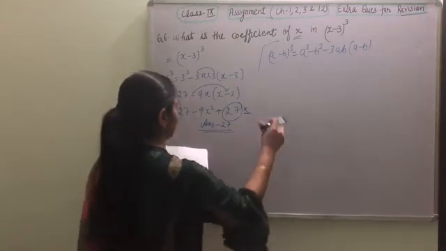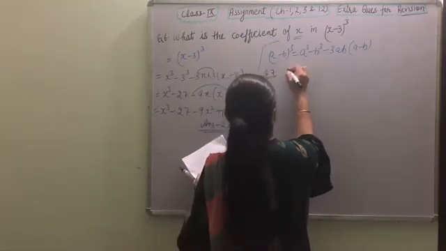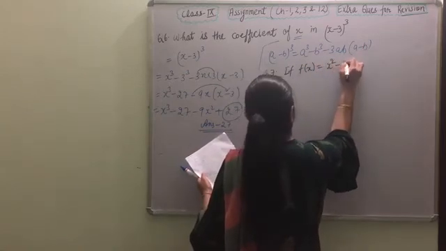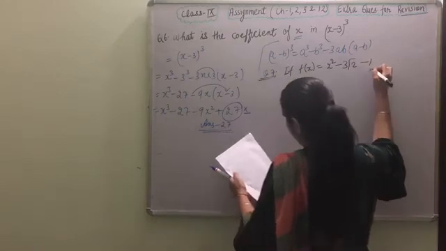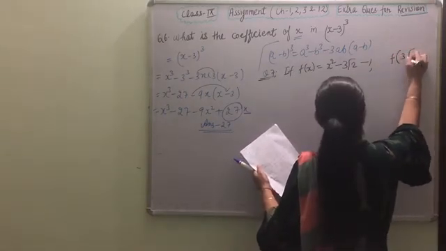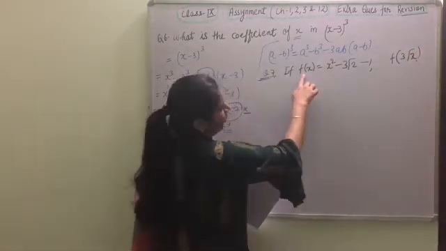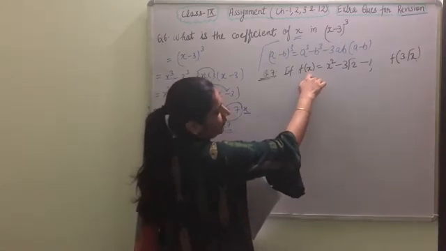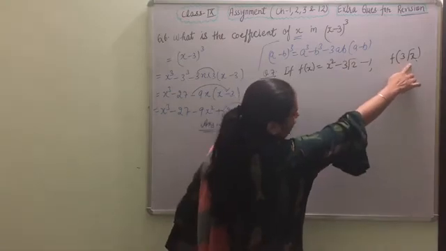If f(x) is x square minus 3 root 2 x minus 1, then we have to find the value of f of 3 root 2. f of x means the polynomial is in x, the variable is x here, and we have to find the value of f of 3 root 2, meaning in place of x we have to substitute 3 root 2.